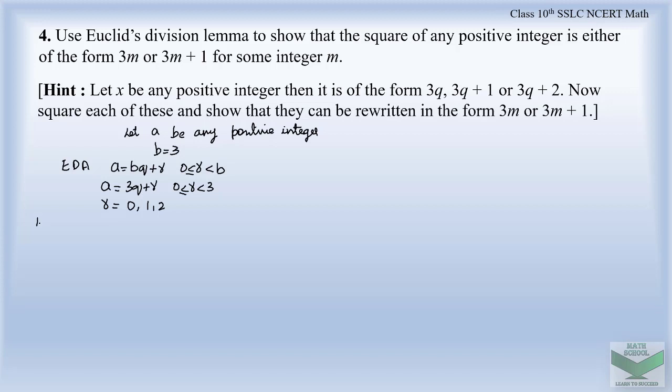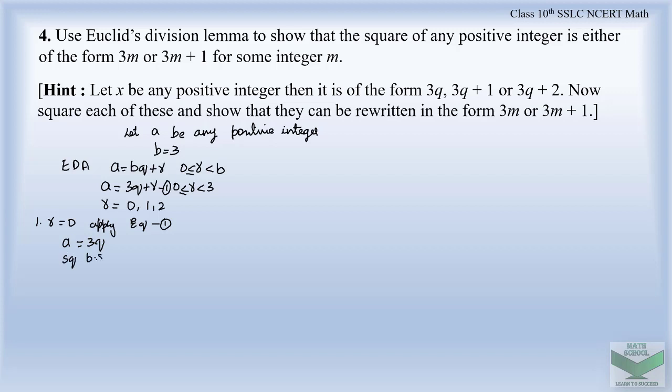So in the first case, let us assume r is equal to 0. Apply this in the equation. Let us take this equation as 1. In equation 1, we get a is equal to 3q. Now square on both the sides.